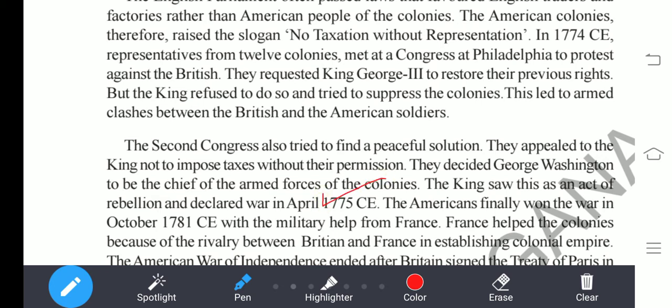1775 Common Era. See, the people in a peaceful manner were trying to find a solution from the king, whereas the king considered it an act of revolt. That means the king always wanted that people should listen to him, whereas the people wanted their development and their needs to be fulfilled.